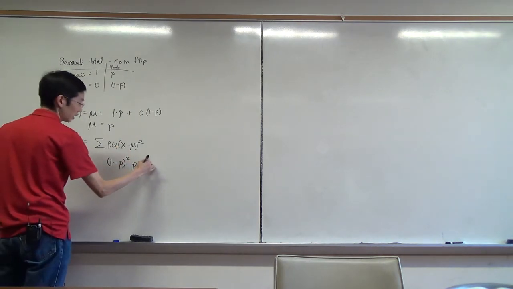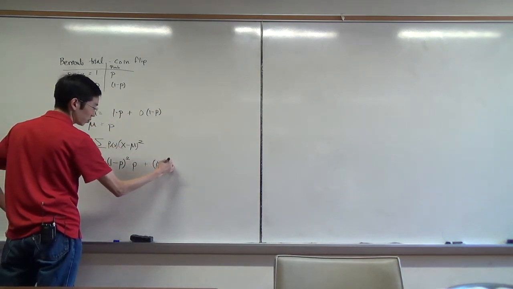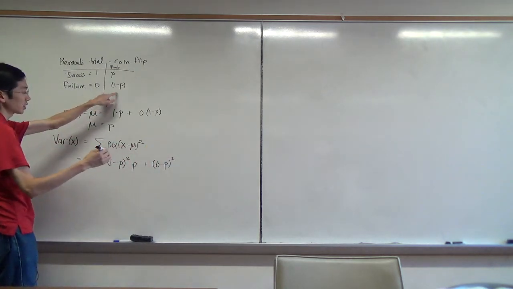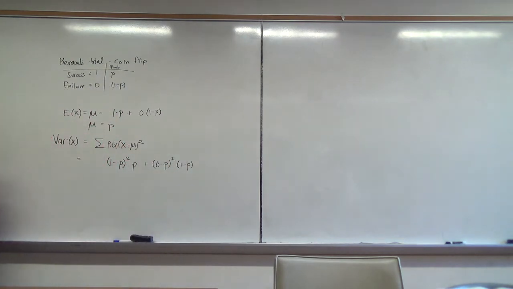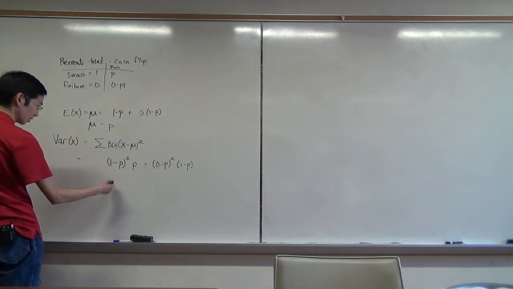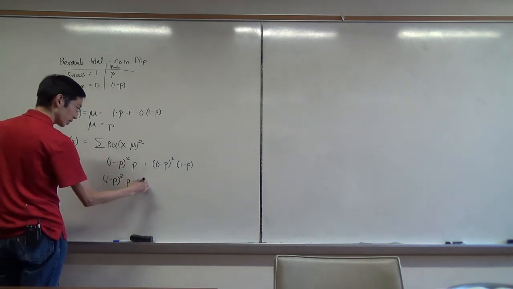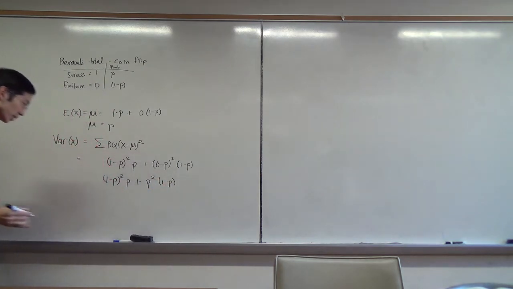Okay? And then I add this thing, which is 0 minus p squared times the probability that that happens, which is 1 minus p. Okay? And so if I do this correctly, plus p squared times 1 minus p, is that right?